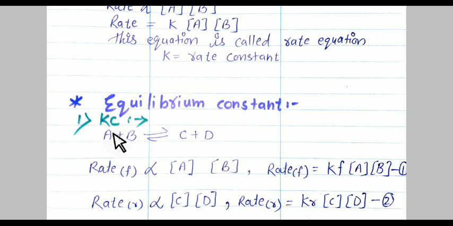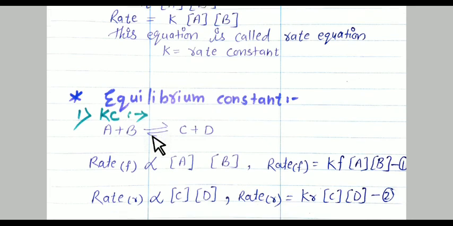So what is the Kc actually? Concentration of product divided by concentration of reactant. Here we are using a reversible reaction. Means the double arrow shows the reversible reaction.